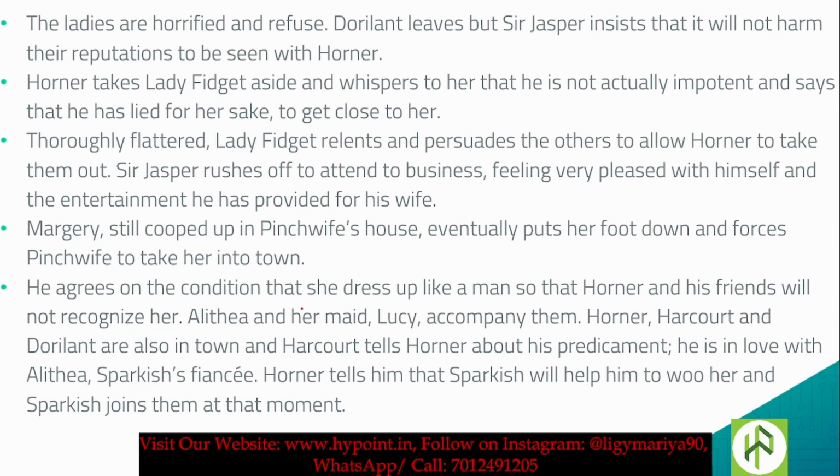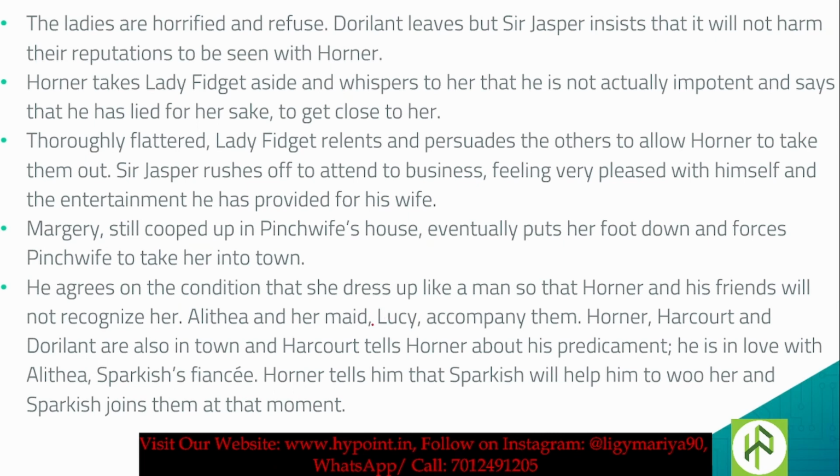He agrees on the condition that she dresses up like a man so that Honor and his friends will not recognize her. She will be taken to the town by her husband, Pinchwife, but he has a condition. What is that condition? She needs to cross-dress like a man so that Honor and his friends may not recognize her. Alethea and her maid Lucy accompany them.